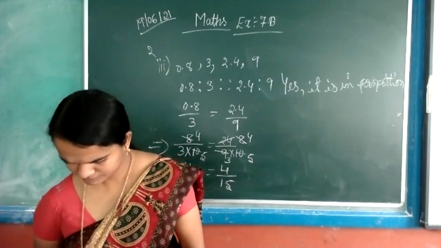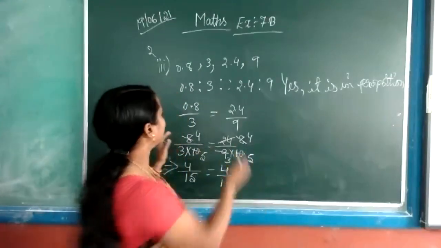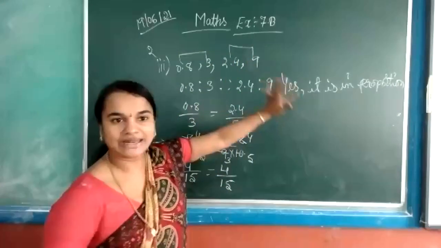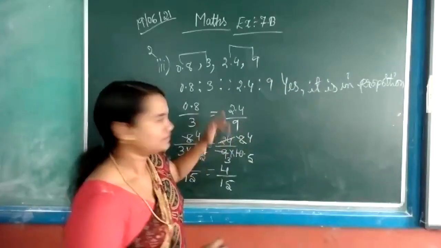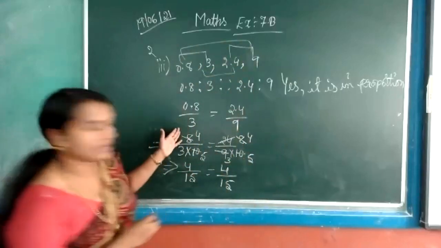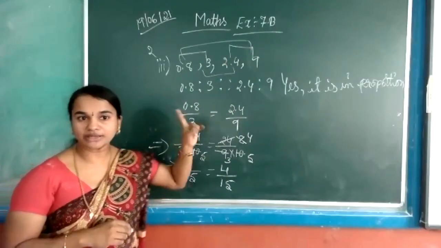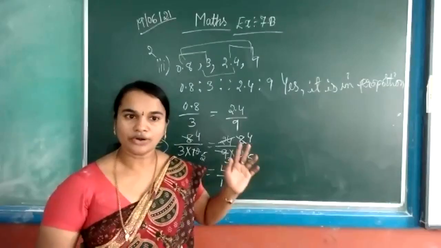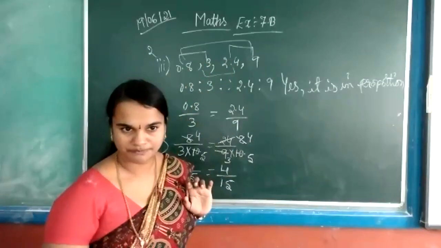No, product of extremes. If it is proportion, then first and second and these two. If you are following another method, product of extreme and product of mean, you have to do like this. This part and this part. I am doing the fraction directly, comparing both. Okay, don't get confused on that. That's why I explained both methods. Product of extreme equals product of mean means first and last, and the center ones.